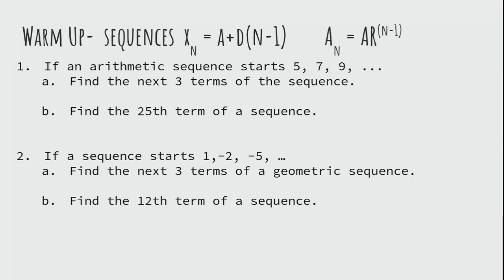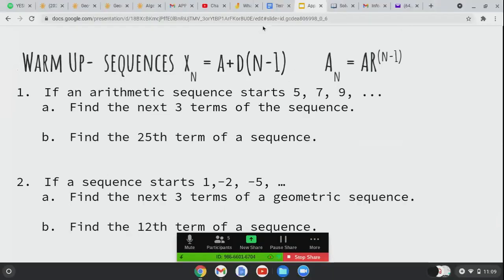And then the second one, if the sequence starts, is it geometric? No, it's not. But we can make it geometric. All right, the second one wouldn't have worked, Joe.